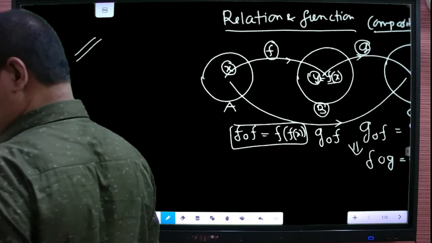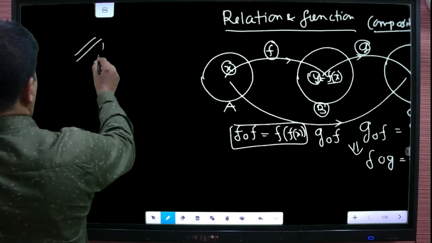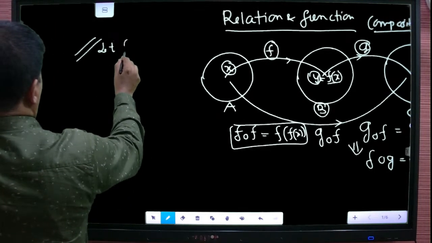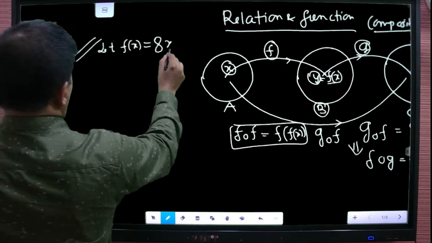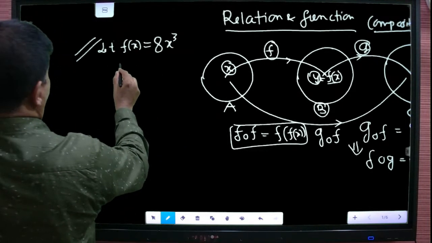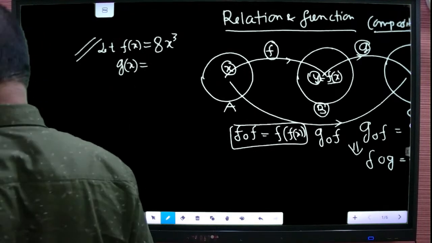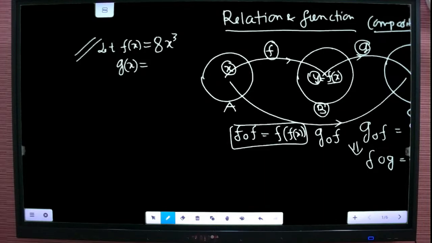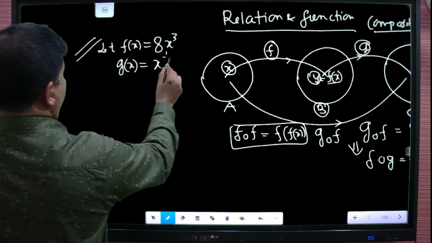See, let f(x) is equal to 8x cube and g(x) is equal to x to the power 1/3.